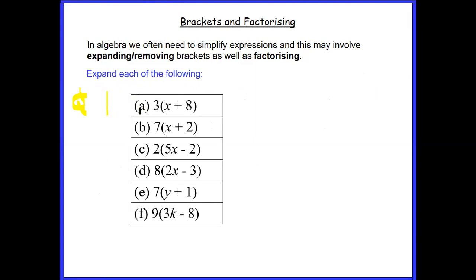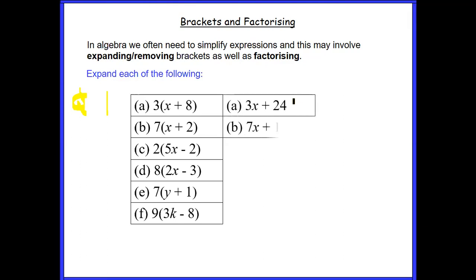Can you copy these questions and write down your answers? I'm going to pause the video now to give you time to work. Once you've done, start playing again to check your answers. So let's go through the solutions now.